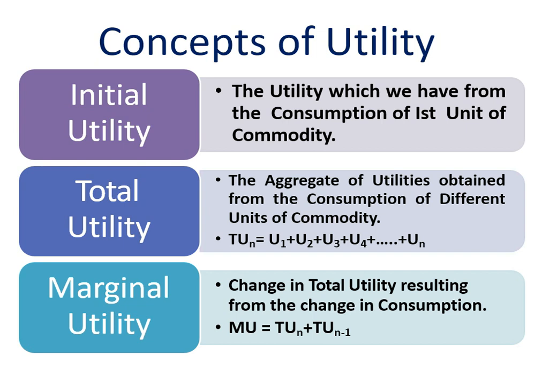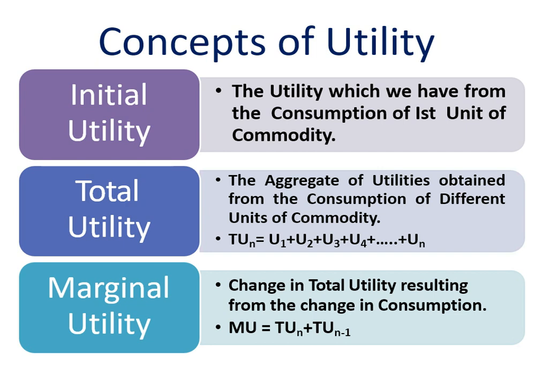And now we will discuss the different concepts of utility. The first concept of utility is initial utility, then total utility, and at last we will discuss marginal utility. So now let's start with initial utility.